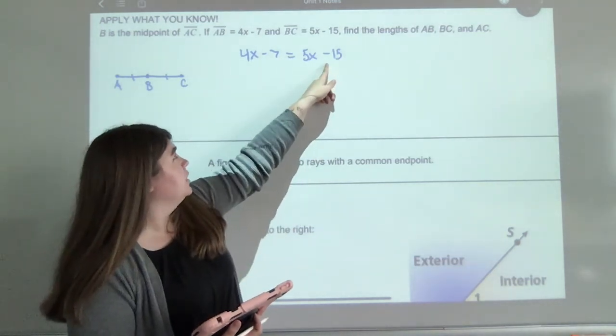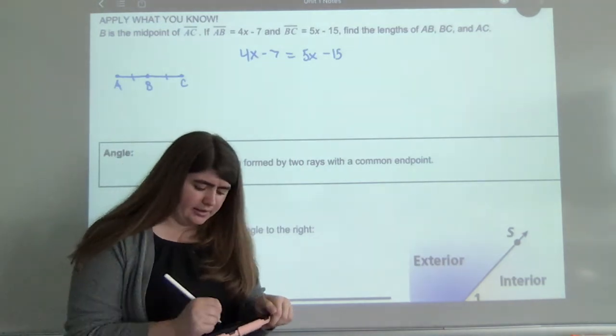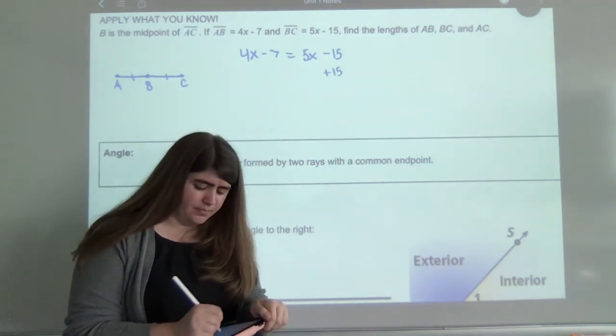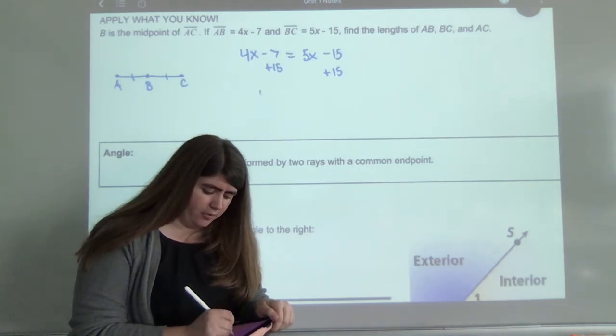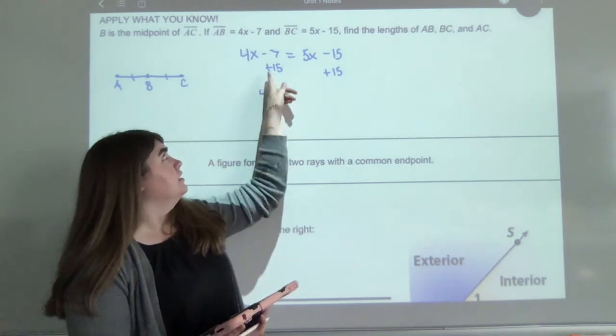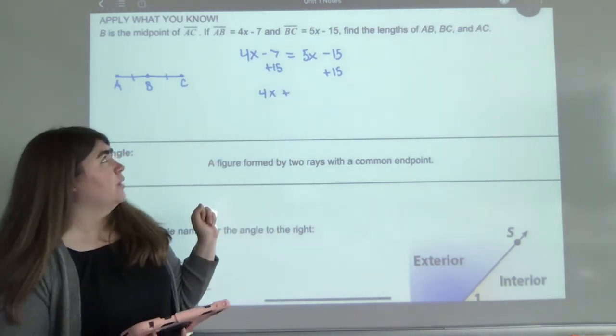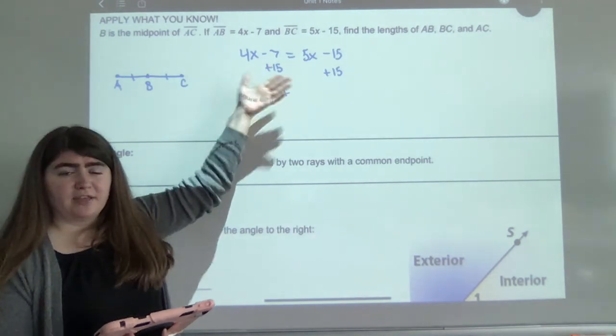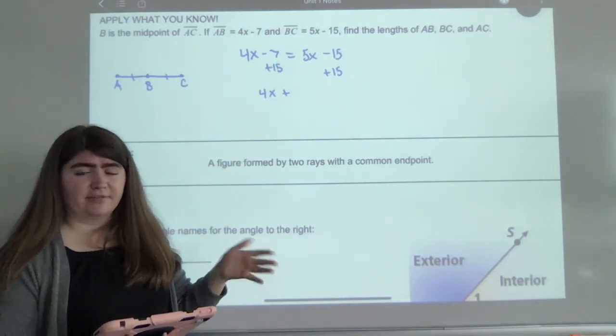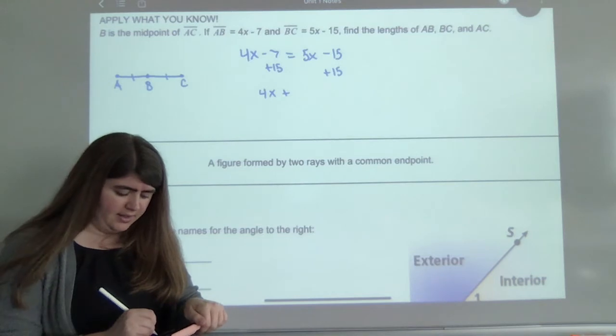So I'm going to go ahead and start by moving my negative 15 over to the other side by adding 15 to both sides. That leaves me with 4x plus, because our positive 15 is outweighing our negative 7. So in other words, you could think of this as 15 minus 7, and that leaves us with 8.